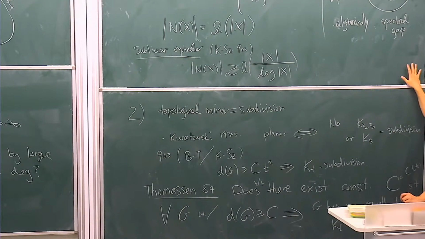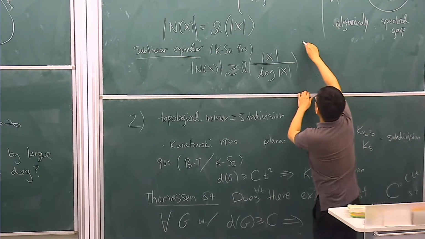And what's interesting about this version of sublinear expander is that they proved in their original work that every graph contains a sublinear expander subgraph whose average degree is almost as dense as itself. I can write it here.